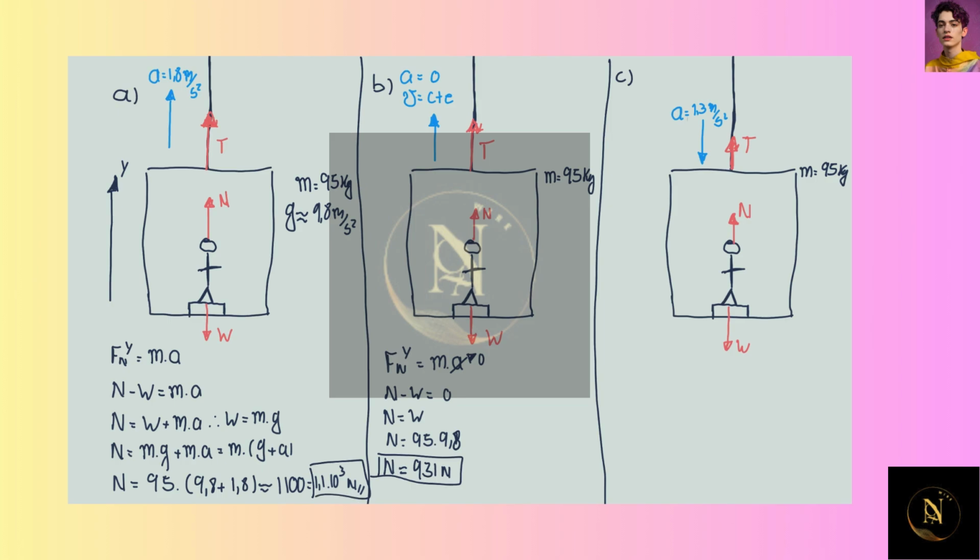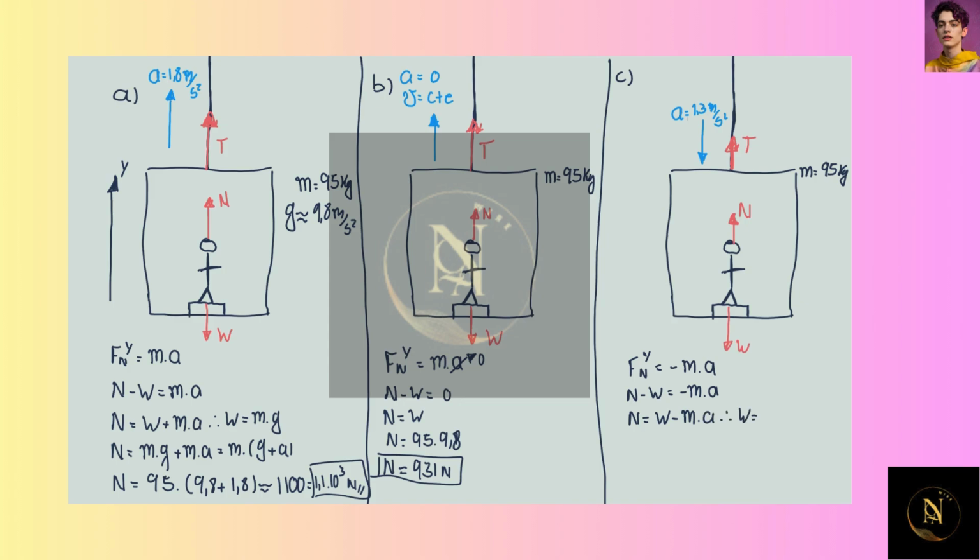Now, for the last item, we have a downward acceleration of 1.3 meters per second squared. So the second law tells us that the net force in the y direction is equal to minus the mass times the acceleration, because now the acceleration is pointing downwards, to the negative direction of my reference frame. So the normal force minus the weight force is equal to minus the mass times the acceleration. Then the normal force is given by the weight force minus the mass times the acceleration.